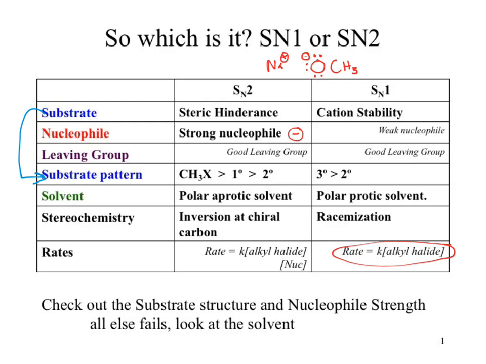Complications or extra things to worry about with stereochemistry in the SN2 reaction, again, because of that backside attack. If we start with a stereocenter, we're going to end with a stereocenter as well, but it will be an inversion in stereochemistry, most typically.